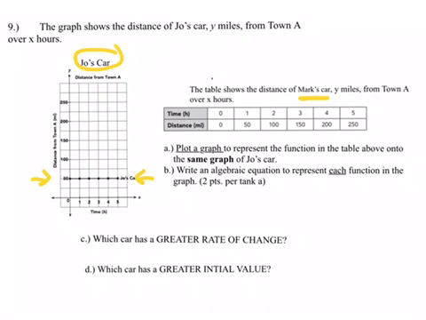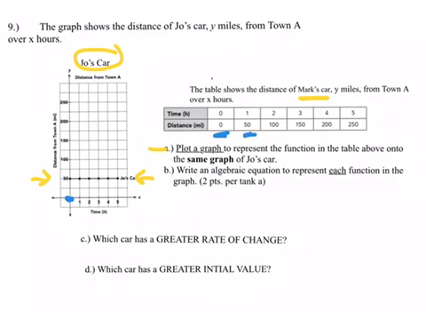All right, so let's follow the directions here. We're going to first plot the graph to represent the function in the table above onto the same graph. So we're going to plot these ordered pairs onto this graph. I'll go with blue. Okay, so 0, 0 would be here. This is Mark's car.